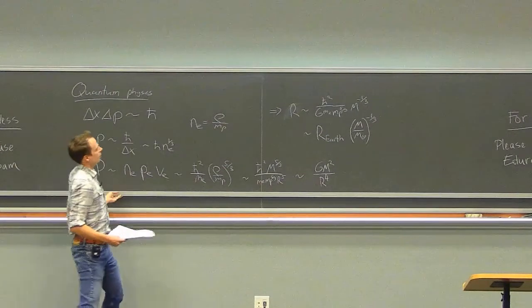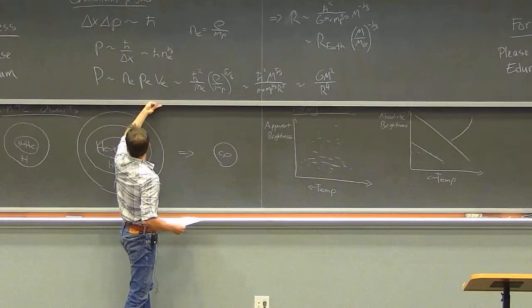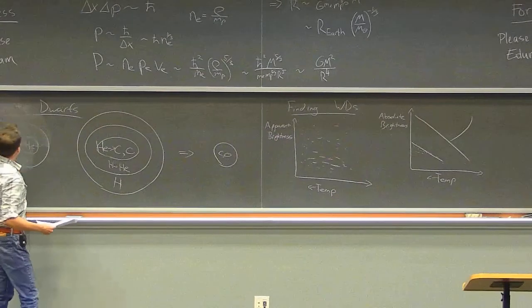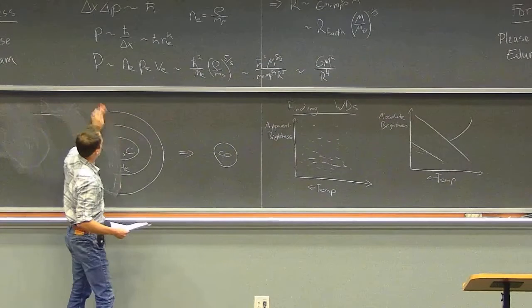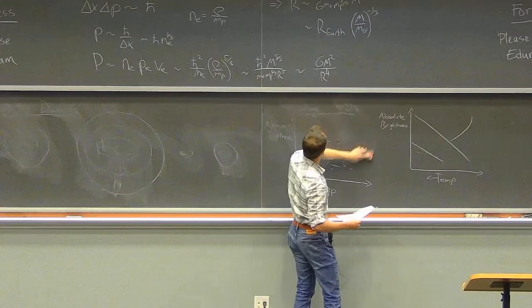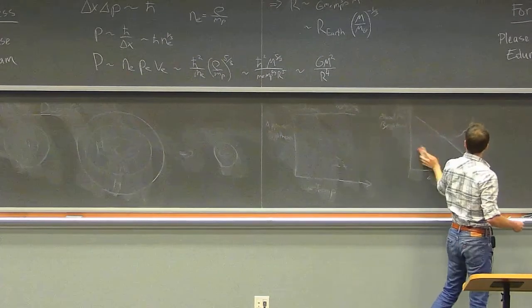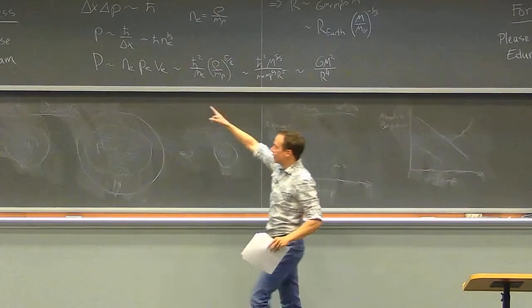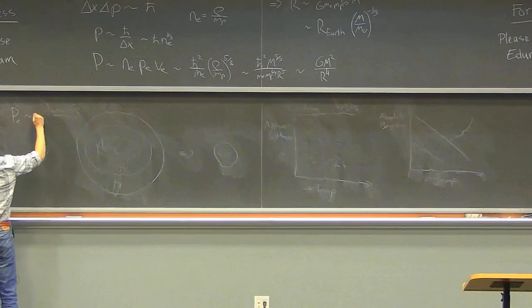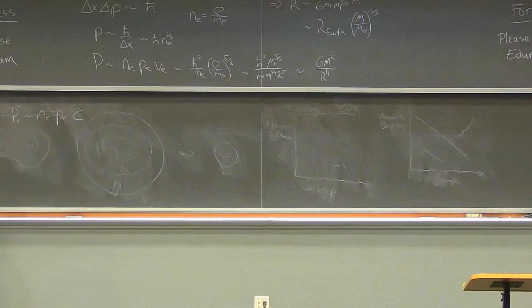In that case, we'll do the relativistic limit. You can use this exact same equation, but now the pressure is basically going to be the number density times the momentum times the speed of light.